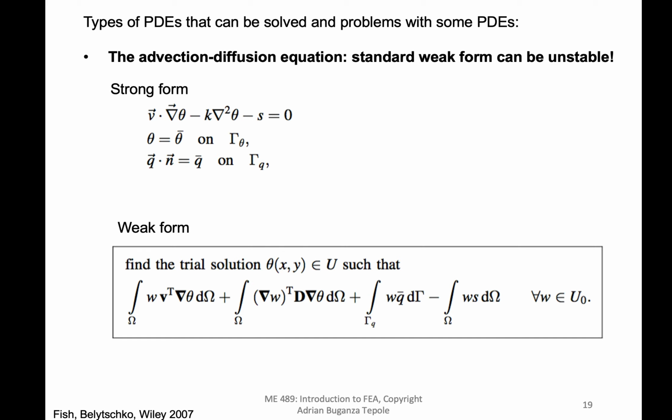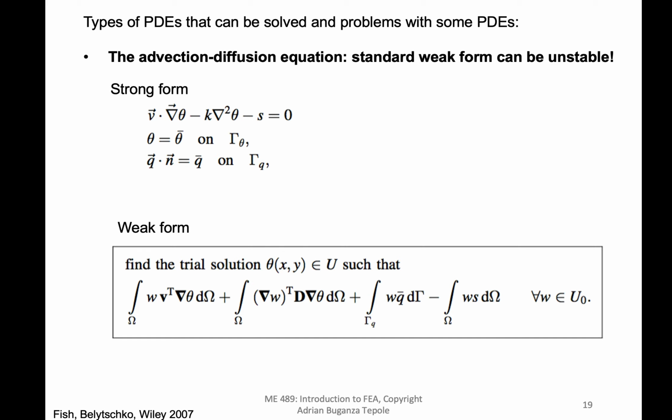And then the problem with this type of equation is that if you apply blindly the finite element method that we have talked about in the class, you will get some stiffness matrix, you will get an extra matrix over here. You can pose the discretization, get the system of equations, you'll be able to solve it. But you have to be really careful because if you solve it just blindly, this can be unstable.